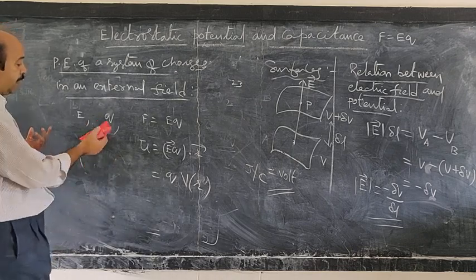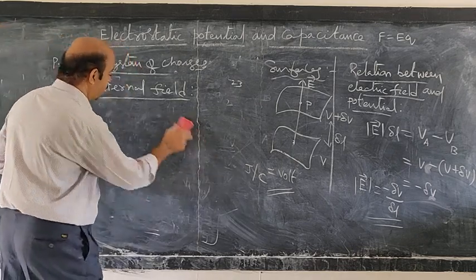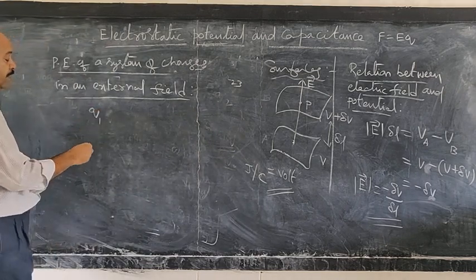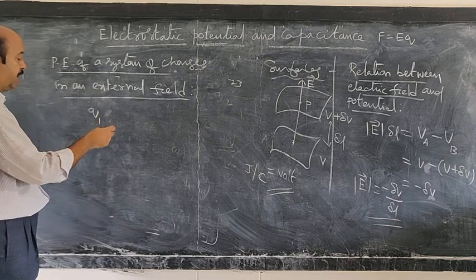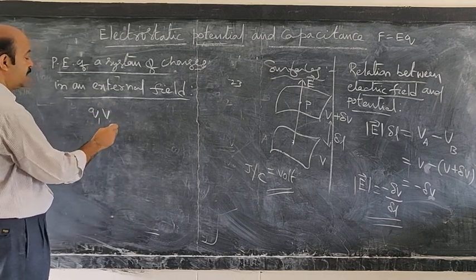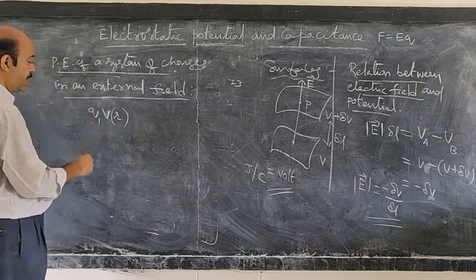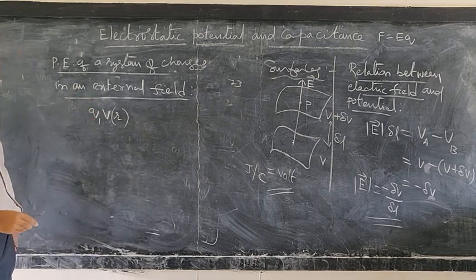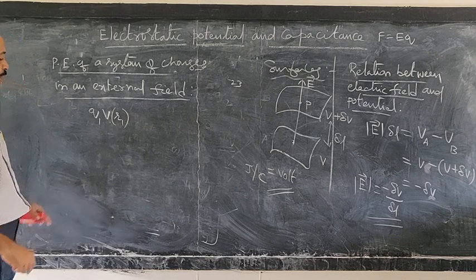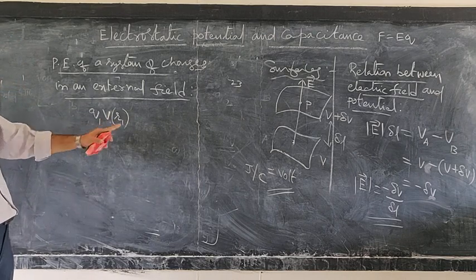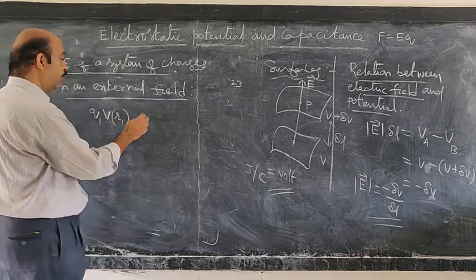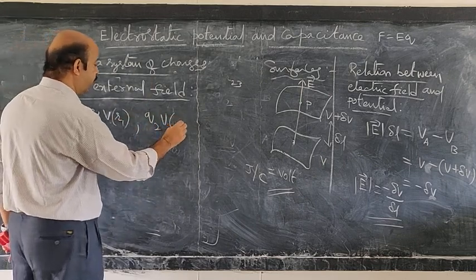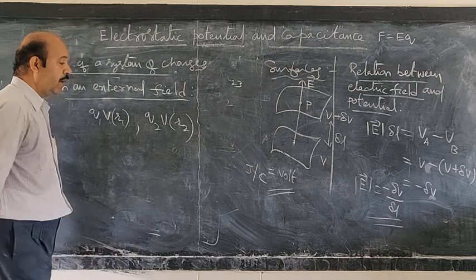Now, if you consider a system of charges, suppose you brought the charge Q1 to a point where the potential is say V of R1, and you brought another charge Q2 to some other point where the potential is say V of R2.